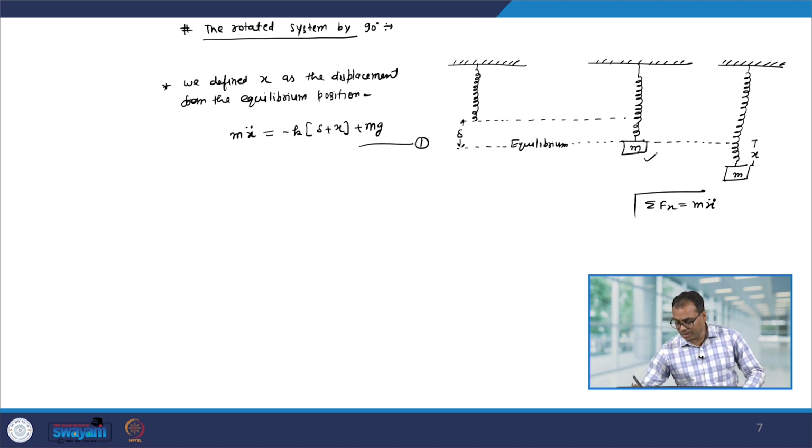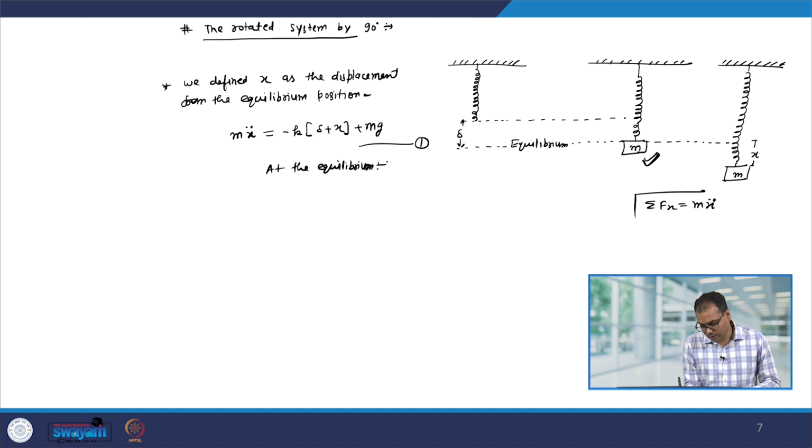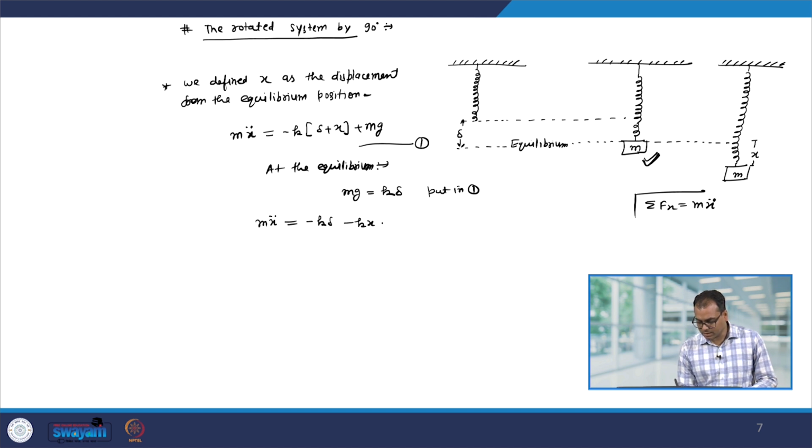Now, in the equilibrium case, the forces will be balanced. So, mg will be equal to k times the extension, which is delta. Okay. Let us put it above. So, we have m x double dot equal to minus k delta minus k x plus mg, but this mg will get cancelled with k delta.